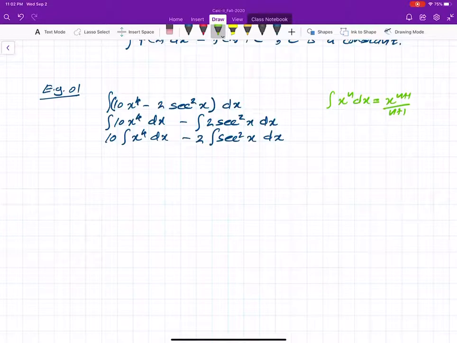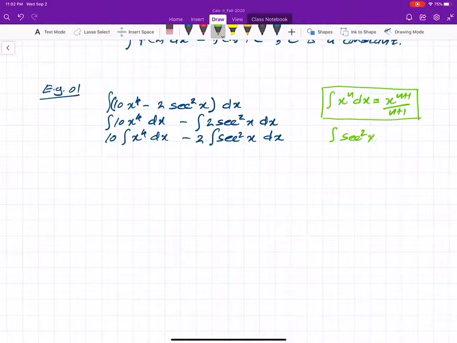That's the first formula. The next formula is integration of secant square x, which is actually tan x. You have to use both of these formulas.